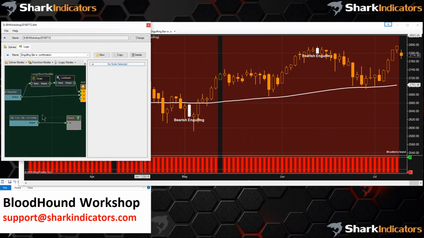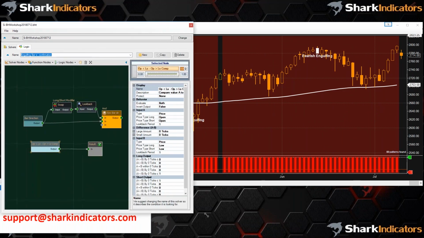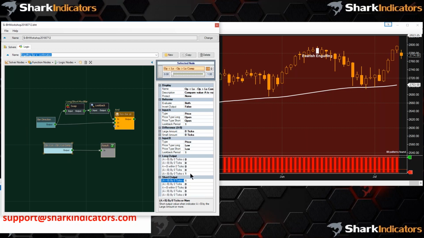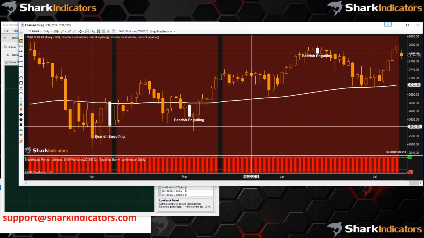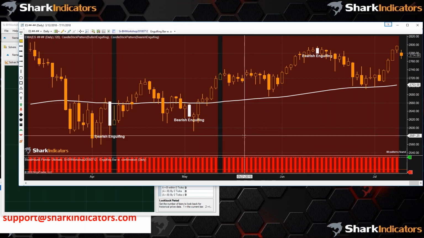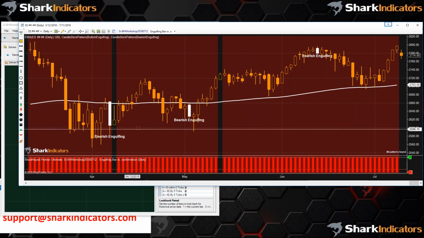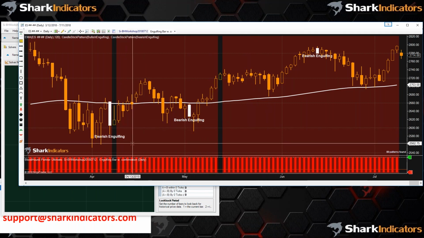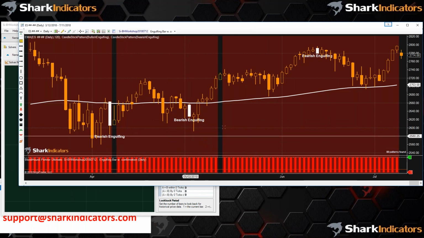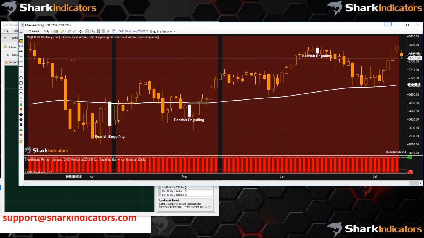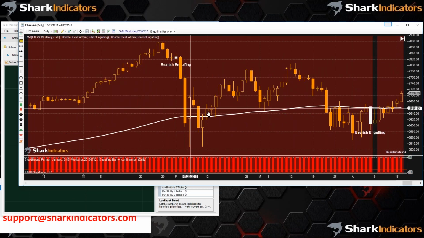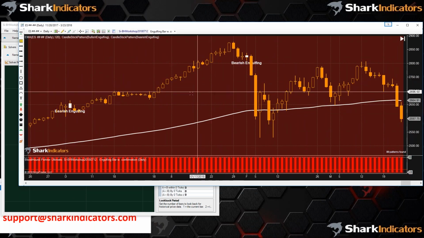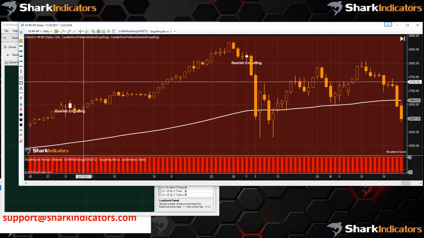Well, alright, let me double check my logic here again. Yeah, I think that's correct. I guess none of the bullish engulfing qualify, at least for this engulfing definition.